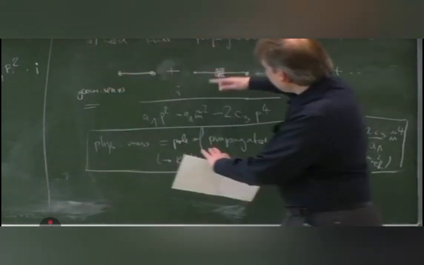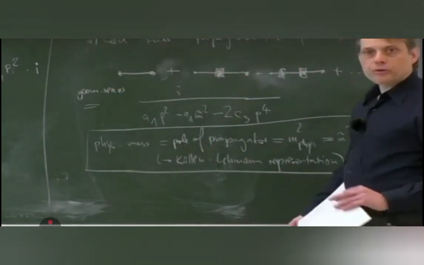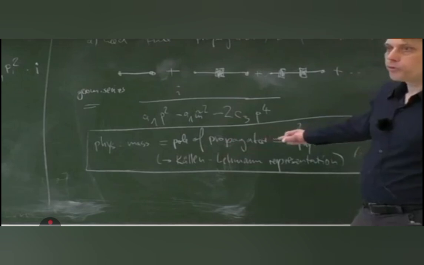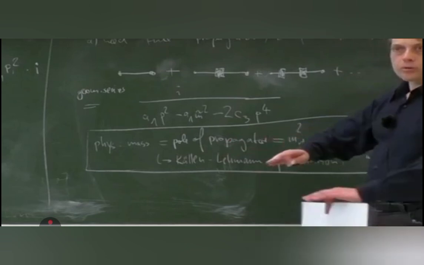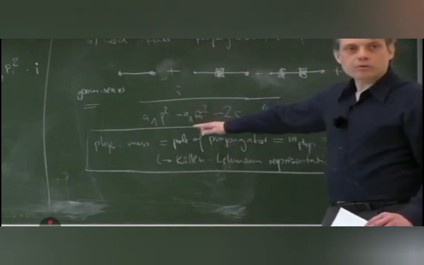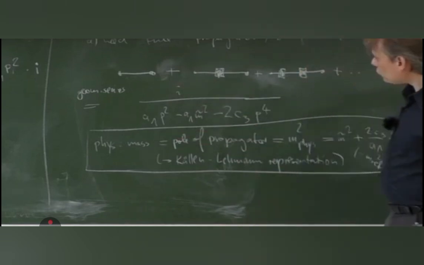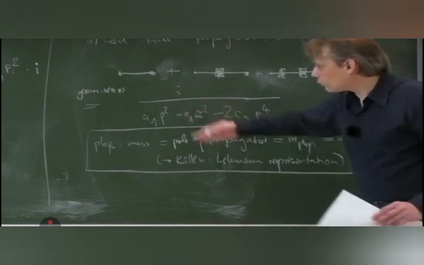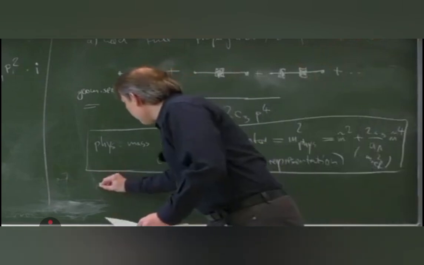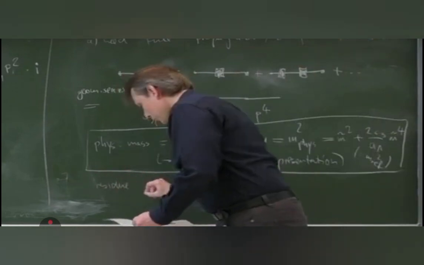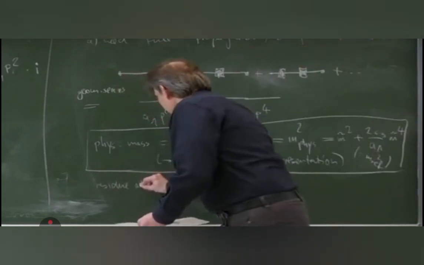Then the next important thing from the propagator is the residue. The pole corresponds to the physical mass, and at the location of the pole, the propagator now has some residue, forgetting about the i. And the residue is obviously non-trivial. So let's calculate the residue at the pole.